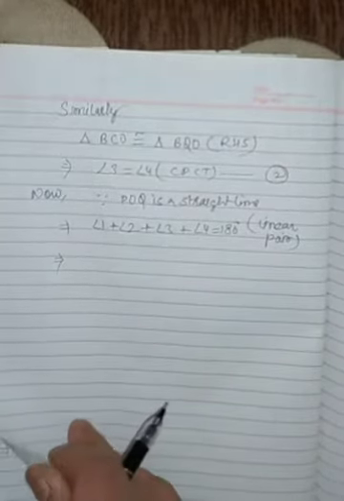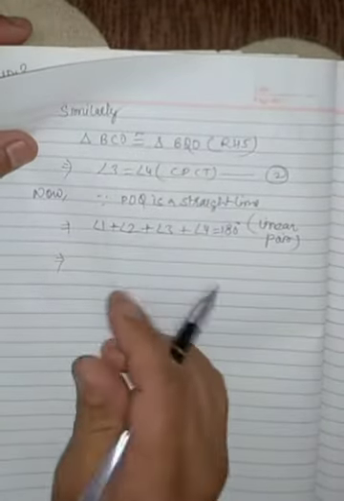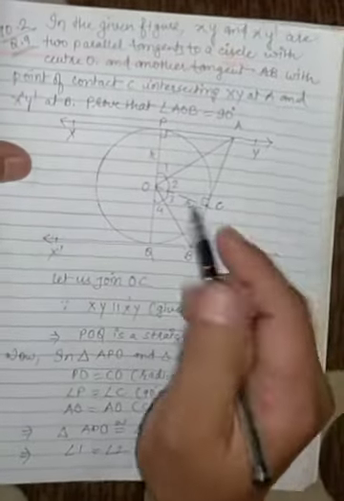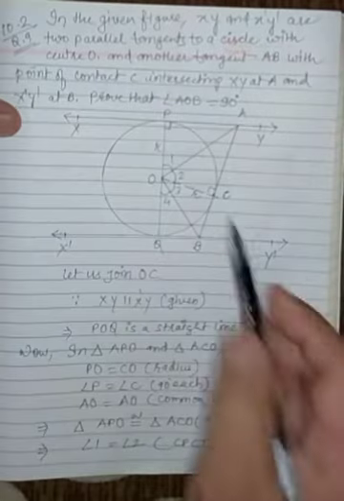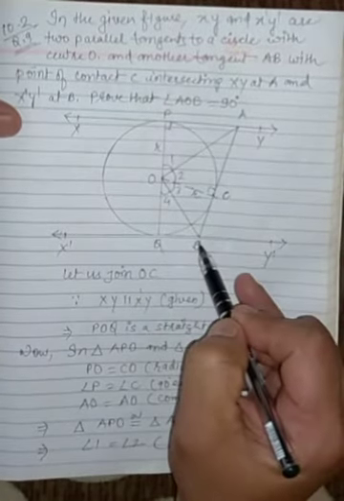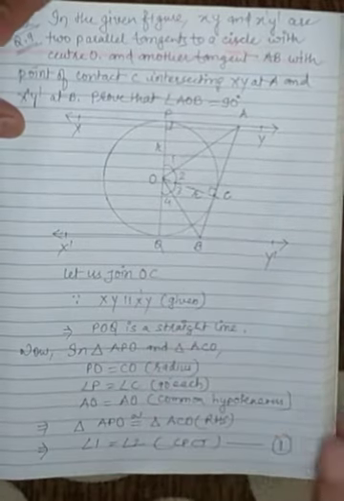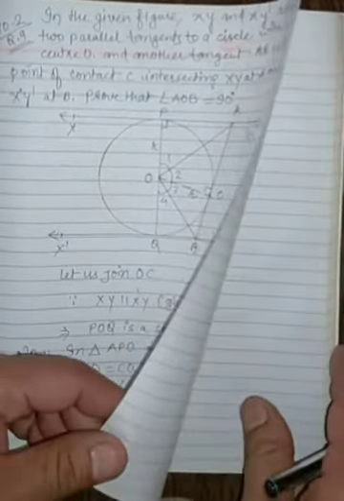Now since we have proved that angle 1 is equal to angle 2, and what we have to prove is that angle AOB is 90 degrees, and angle AOB is made by angle 2 and angle 3, angle 1 and angle 4 will be replaced by angle 2 and angle 3 as they are equal.